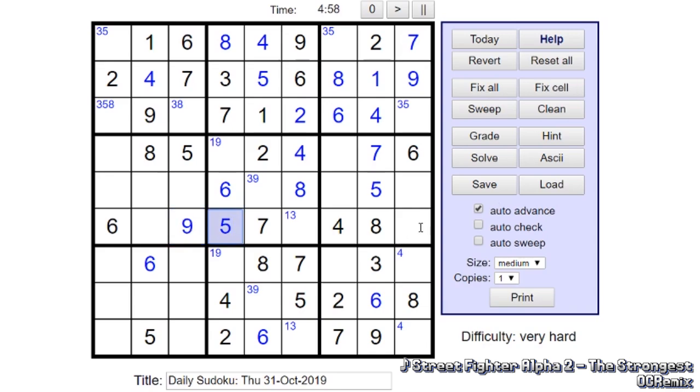The 9 can't go anywhere else. This became a 2, 3. And because 1 could only be in either one of these, that eliminated 1 from being here, which meant... Hang on, there was one other thing.